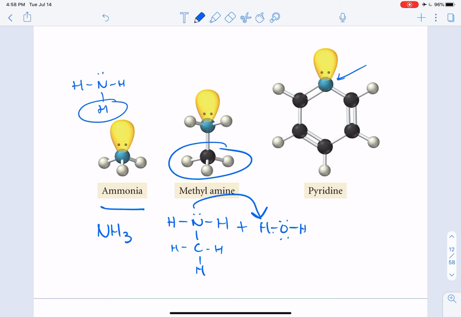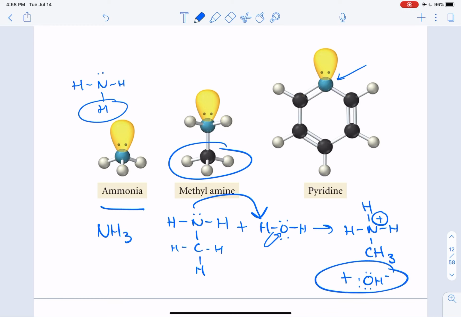The electrons between the hydrogen and the oxygen will fall back on the oxygen, and what we'll get is a methyl ammonium ion, and I'll just write the CH3 in the condensed form down there, plus hydroxide, and we have increased the concentration of hydroxide in our solution, so methylamine is a base. Okay, so for the weak bases, again, you guys, look for something that has a nitrogen in it and looks like it might be an acid because it has all kinds of hydrogens, but realize it's not going to give away any of those hydrogens, so it's a base.